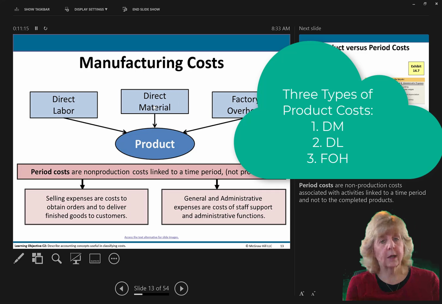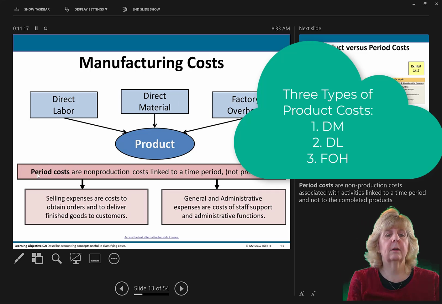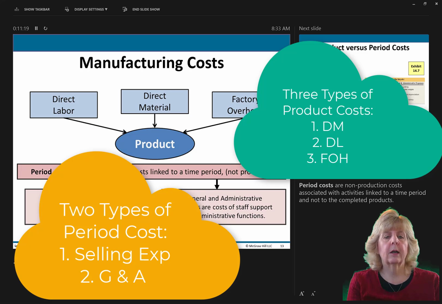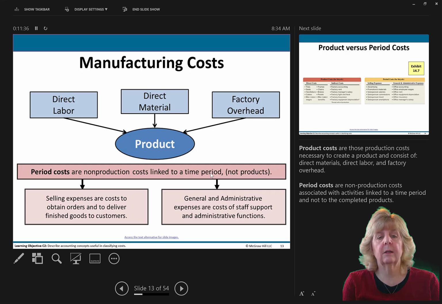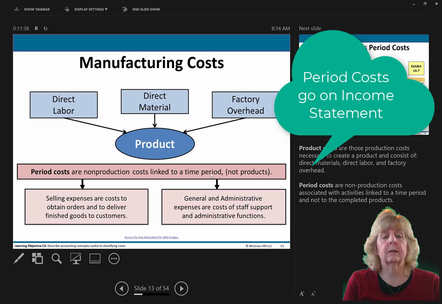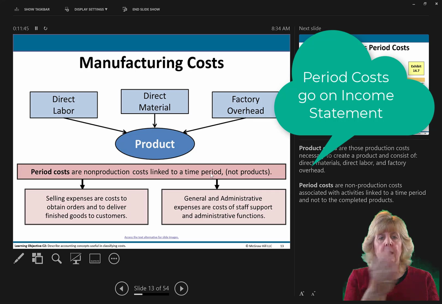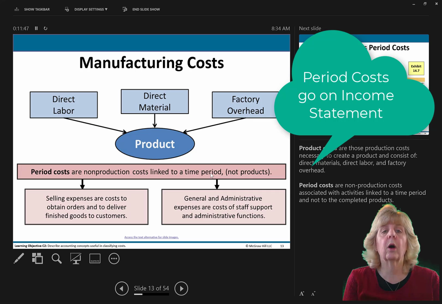On the other side of the house are period costs. Period costs are not related to the factory. Your author calls it non-production costs, that instead of being linked to a product is linked to a time period. Unlike product costs, which run through the balance sheet, period costs go directly to the income statement. They have no future value. They're not being built into the product like the manufacturing costs or the product costs were.